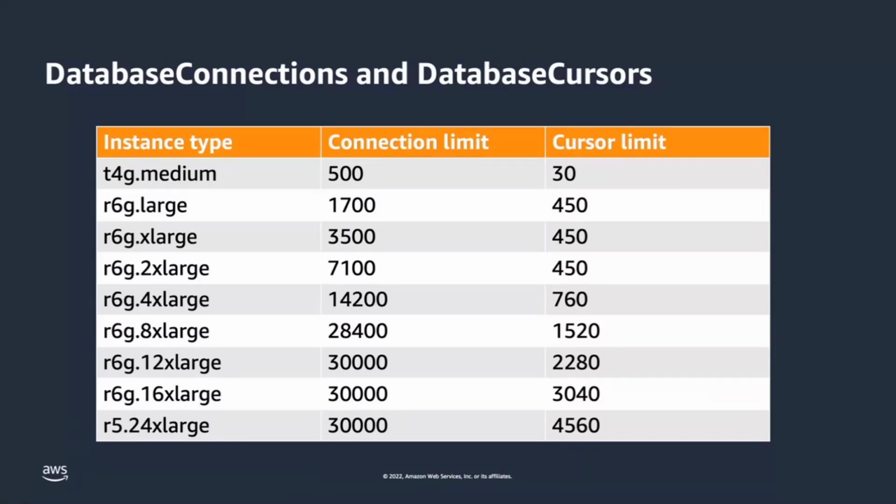So for example, a 3-instance R6G large cluster can support 5,100 client connections, right? 1,700 times 3, because I've got 3 instances, and 1,350 cursors, which is 450 times 3. So these are hard limits. So we recommend monitoring these metrics, database connections and database cursors metrics.